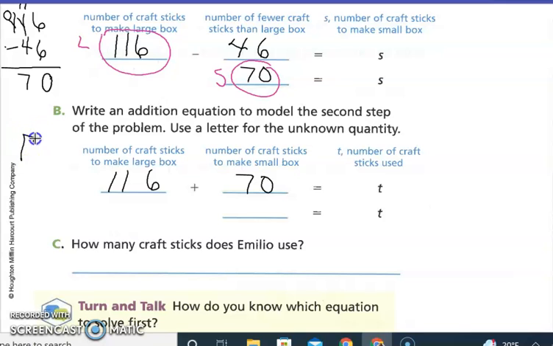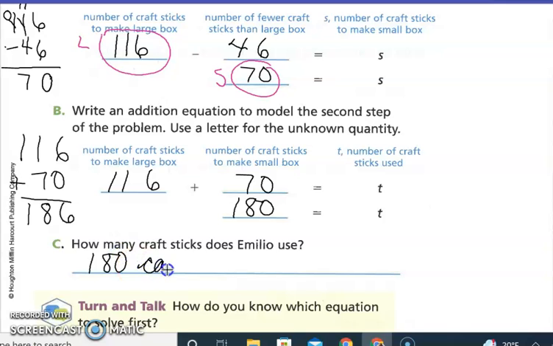Now again, this one you probably can do in your head, but I'm going to write it out over here for you. Okay, 6 plus 0 is 6. 7 plus 1 is 8. And 1 plus no other 100 is 1. So he used 180 craft sticks altogether. How many craft sticks did Emilio use? 180 craft sticks.